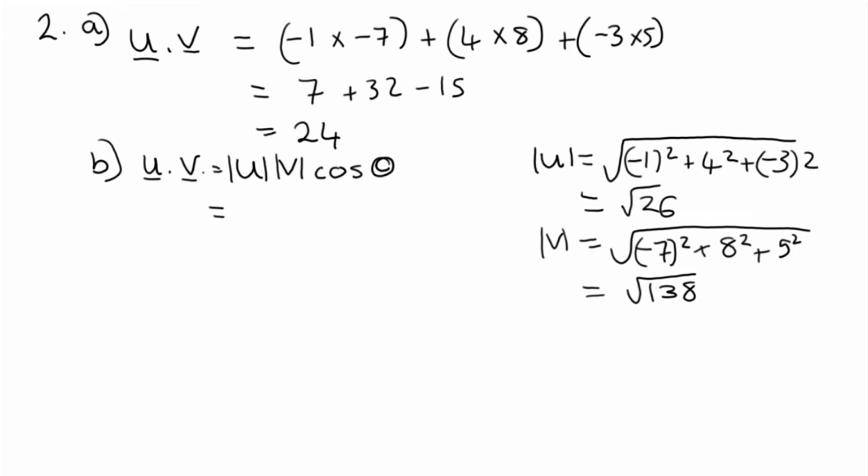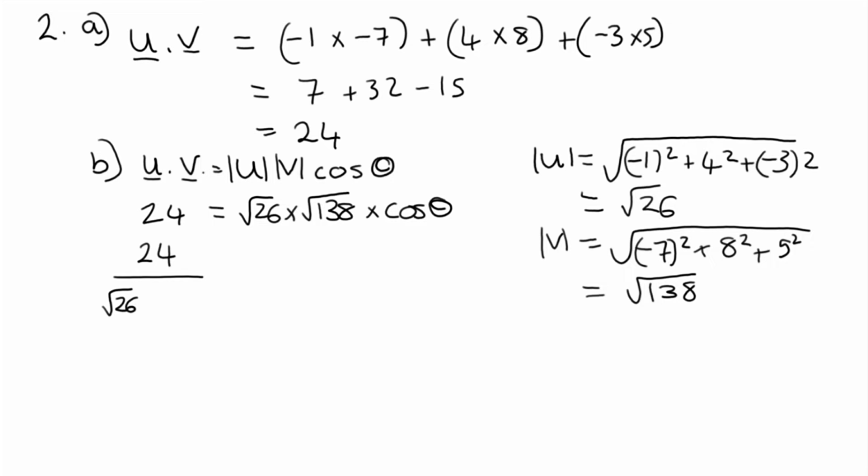Okay, now we can bring them along to the other side. So we know u dot v is 24, so put that there. We know the magnitude of u is root 26, magnitude of v is root 138, and cos theta, we don't know theta, so we're going to rearrange to find out. So we can just do 24 divided by whatever root 26 times root 138 is, and that will be the same as cos theta.